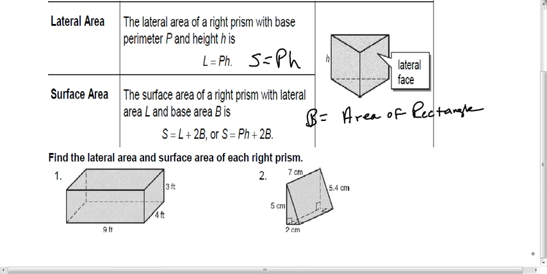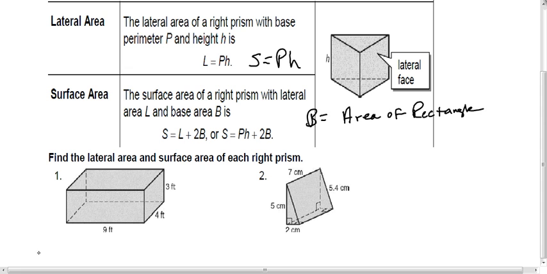Well, let's take a look at a couple of problems right quick so you can see how this formula works in action. The very first one we're looking at is a prism that is 9 by 4 with a height of 3. So actually what we're looking at is a rectangular prism.